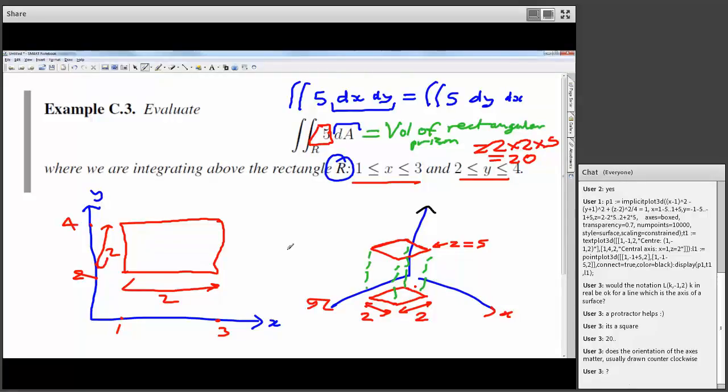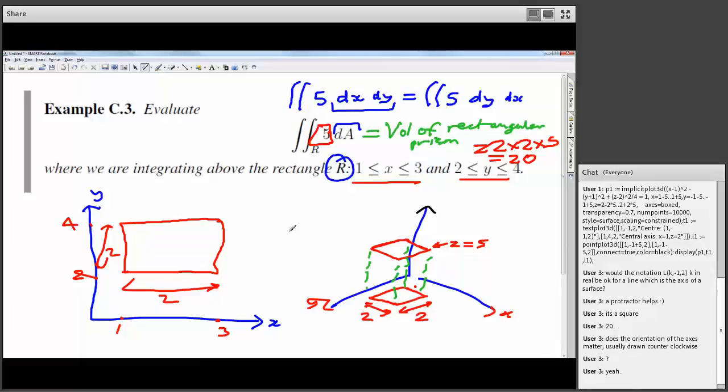Normally, if you move your fingers from the X through the Y-axis, the Z-axis should be in the direction of your thumb. So if X, Y is curling around this way, the thumb will be pointing in this direction. So I actually got the Z-axis running the wrong way. Thank you for pointing out my error.